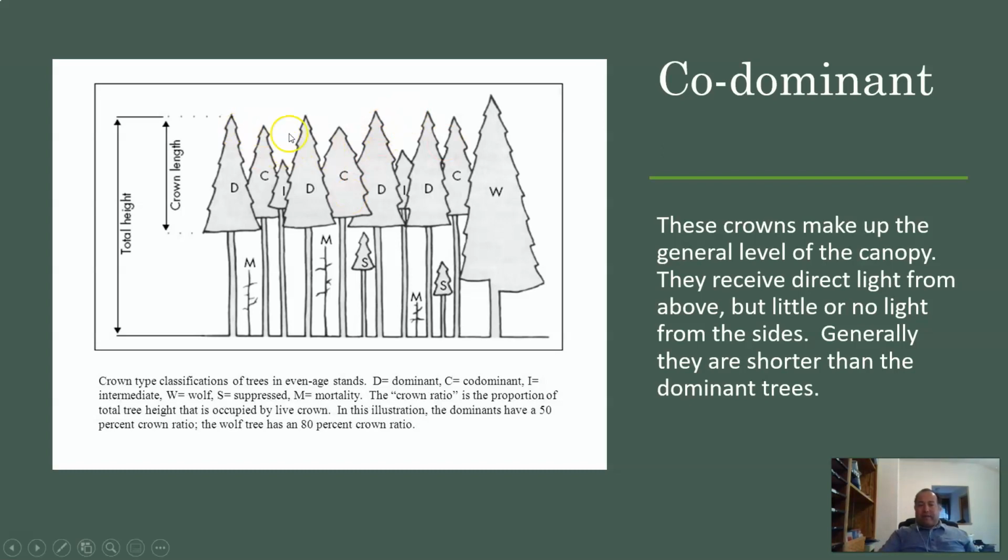With the codominants, you just get a lot of trees that are right about the same height. Those are the ones that are going to be codominant. They make up the majority of the canopy. They're going to receive sunlight from above, but they might not get it in all directions on the sides. And so that's the difference between dominant and codominant. Dominant's going to get light all the way around. Codominant will get light from above, but not from the sides.